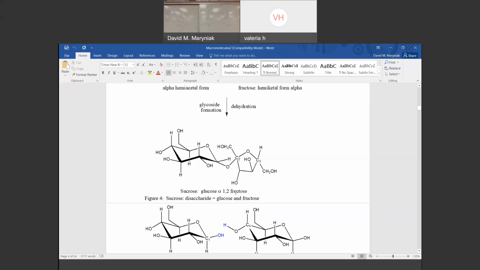So chemists and biologists get tired of saying glucose alpha 1,2-fructose, and they make up a new name, and the new name we're going to call is sucrose. Just to make sure you're making a connection to your real life, where would you get some sucrose from? If you have a kitchen with a big bag of sugar in it, that is sucrose.